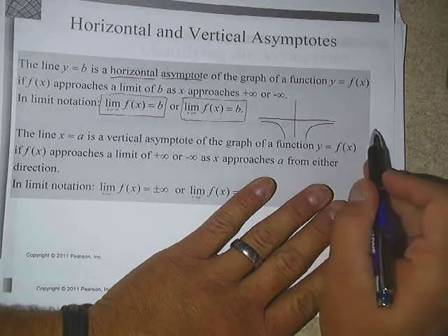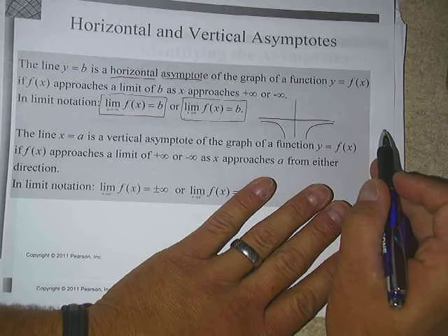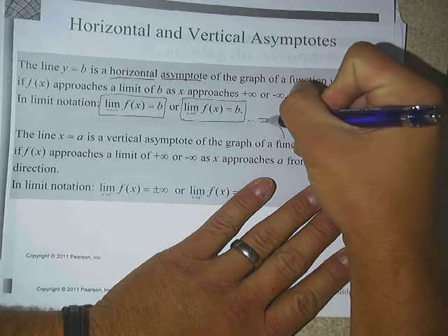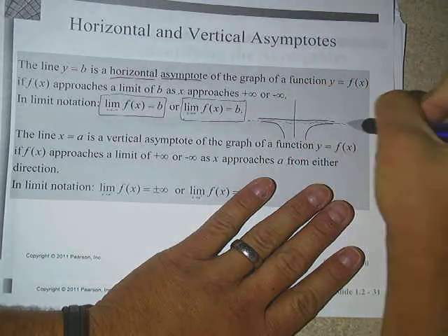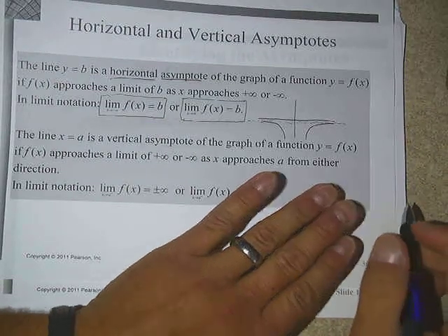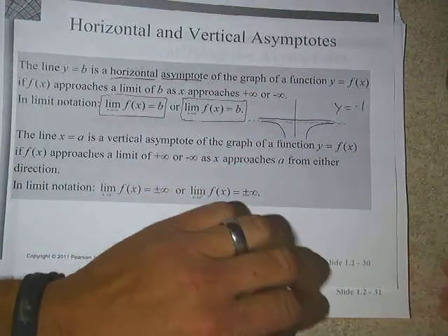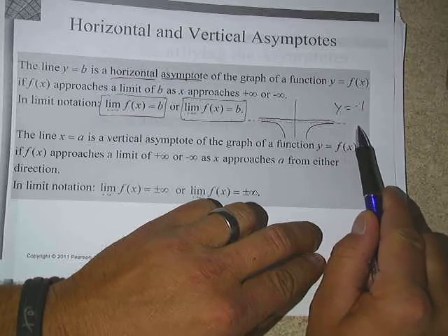A few minutes ago, we had a problem that looked like this, graph-wise, right? True? We determined that no matter how far we go out on this branch, the maximum it's going to get up to is -1. So that means that if I were to draw it in there, in my little drawing here, that line at y equals -1 is what we call a horizontal asymptote.